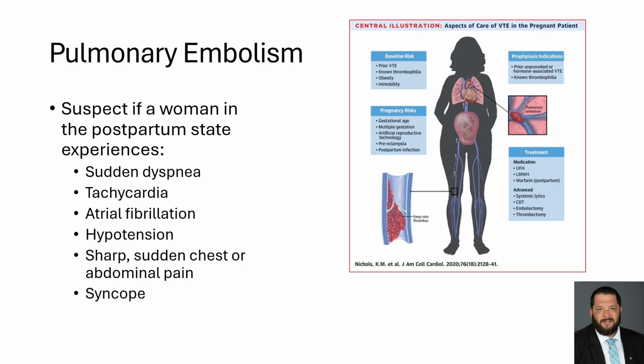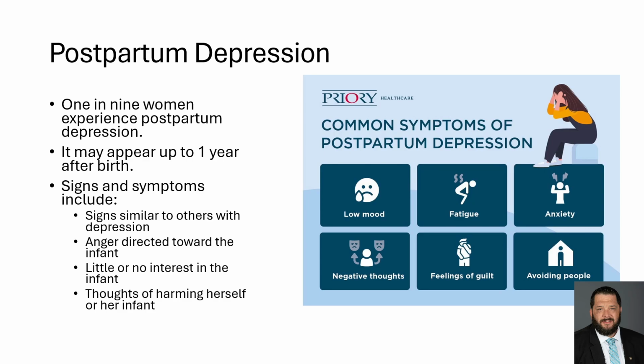We would treat this just as any other pulmonary emboli: high flow oxygen to hypoxic patients, circulatory support, and emergent transport. The last two conditions we want to talk about are postpartum related to mom.